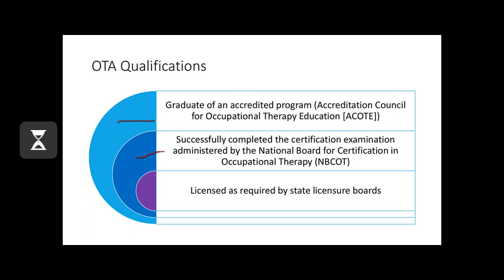And then you become licensed by the state. The NBCOT gives you the C, so you can be a COTA. Let's do a round of applause here for COTA. That's after you pass your boards, you get certified, and then you become licensed by the state. And then you practice. Woohoo!